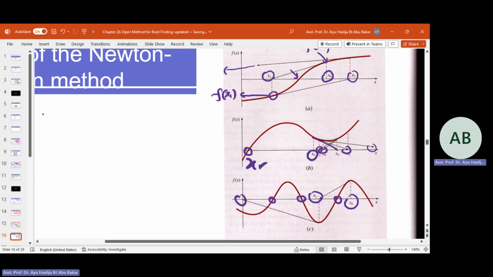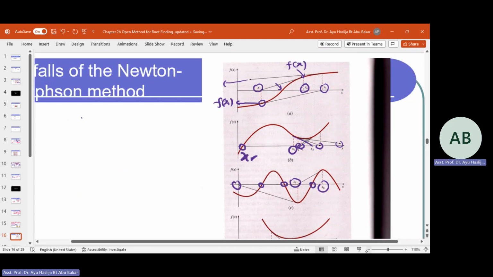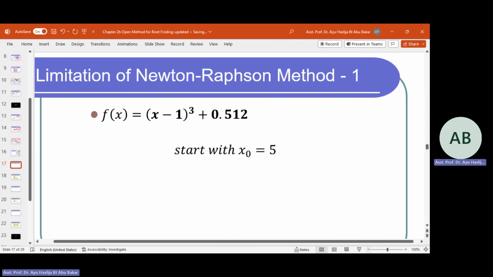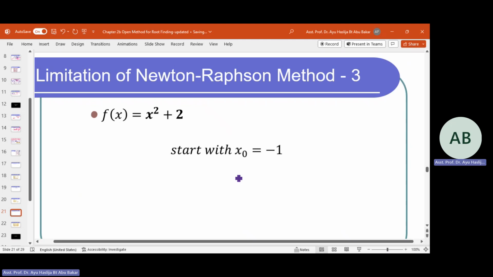Now, it has a few limitations. In this slide, we have three stated here. Number 1, number 2, and number 3. Now I want you to find out the explanation behind these limitations. I want you to find out why, then explain to me next class.